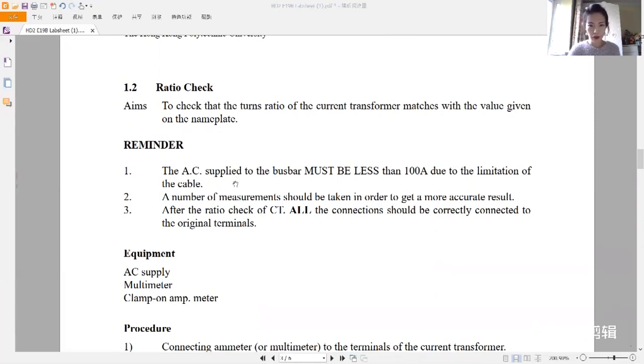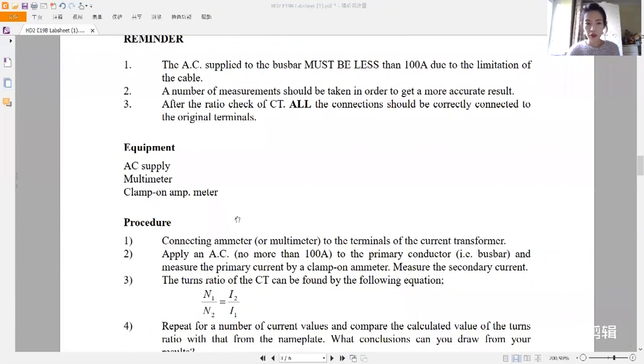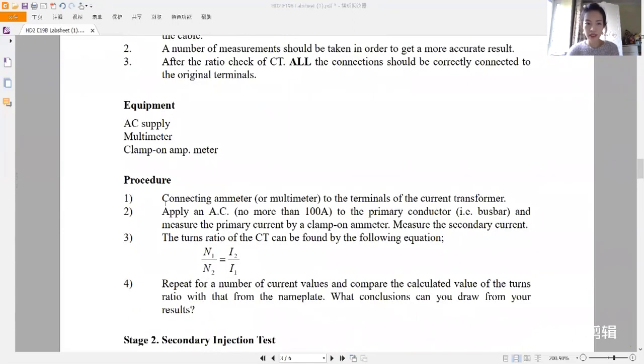Second, a number of measurements should be taken in order to get more accurate results. And third, after the ratio check, for safety, all the connections should be correctly connected back to the original terminals. These are the things you have to keep in mind during the experiment. In the following video, you will see the whole procedure of this step, and you have to finish your report according to the data collected in this step.